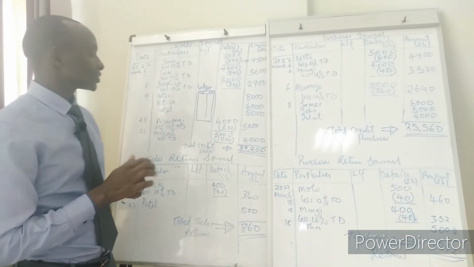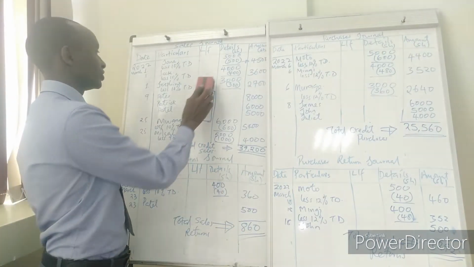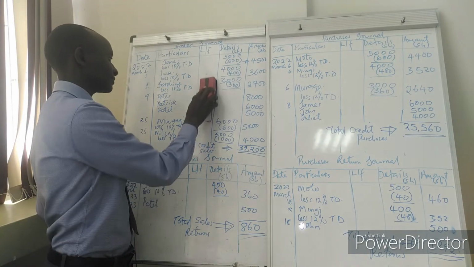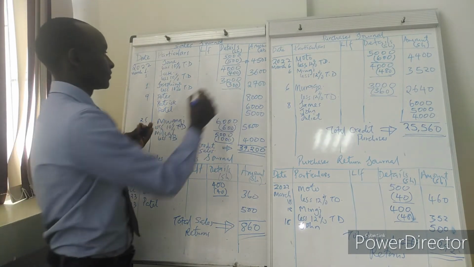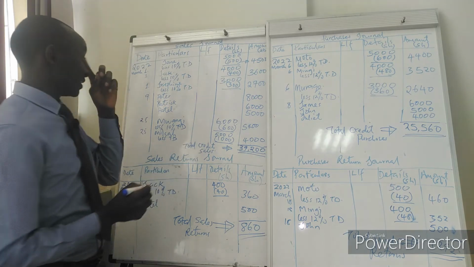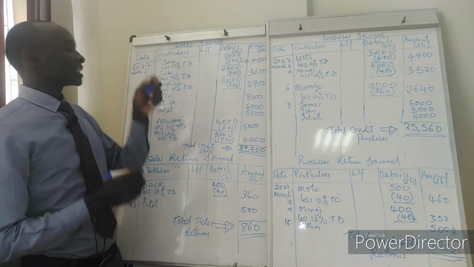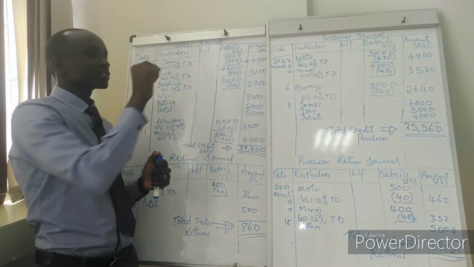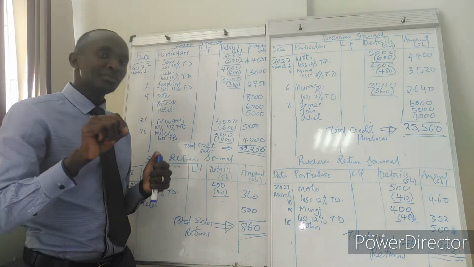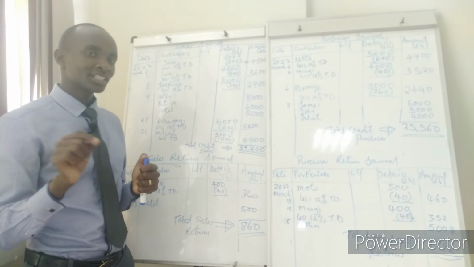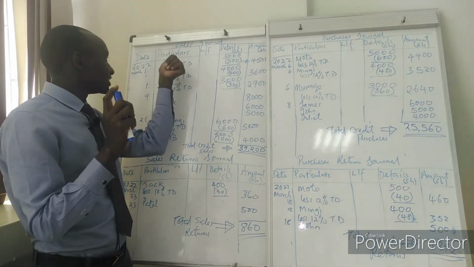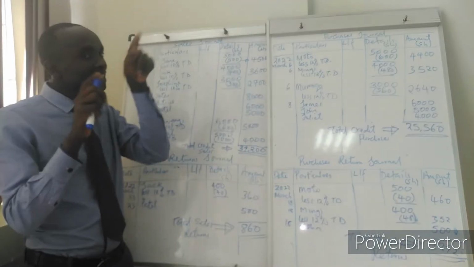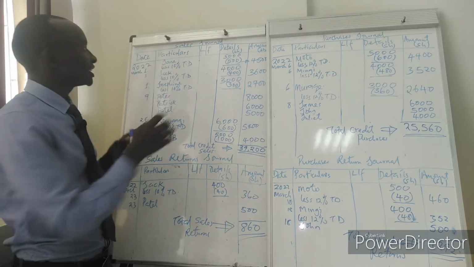So this is how the ledger folio works. Let's say Jane is a debtor, and an account of Jane is found in the sales ledger, page 1. Are you getting that? So that is the ledger folio.